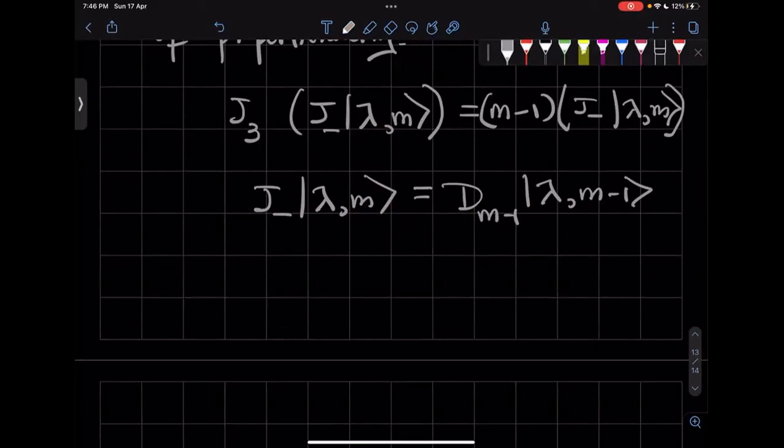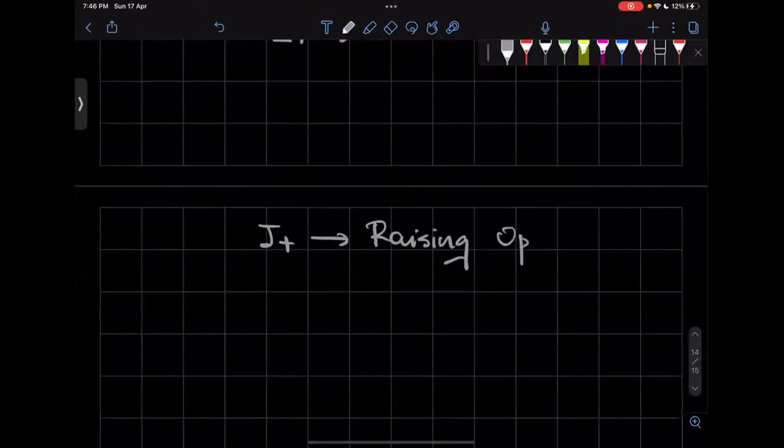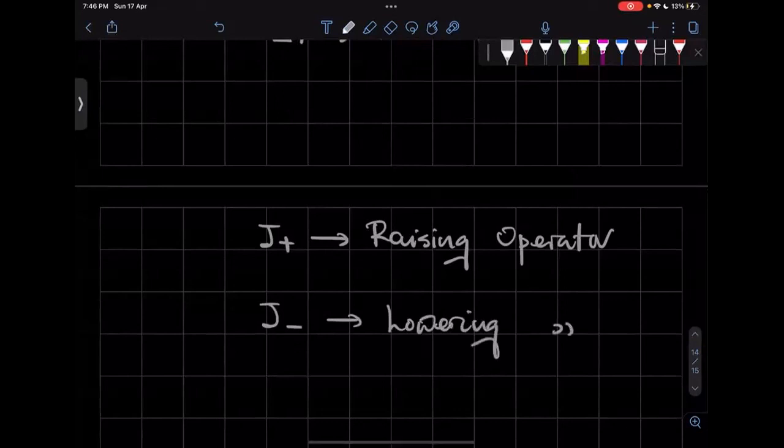Yeah. So J plus has a name. It's called the raising operator, and J minus is called the lowering operator. In mathematics, their names are reversed, but mathematicians are weird. Together they're called ladder operators.